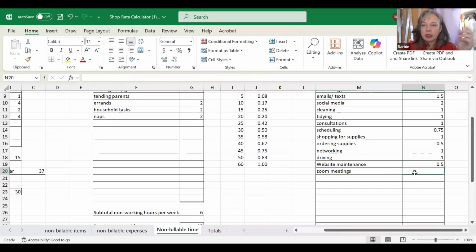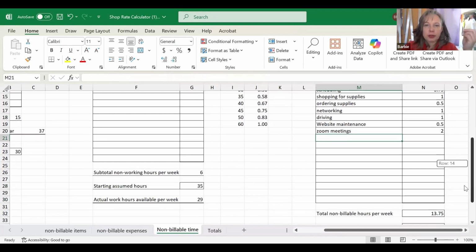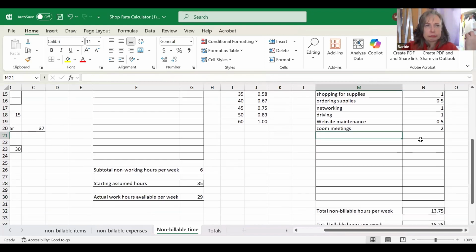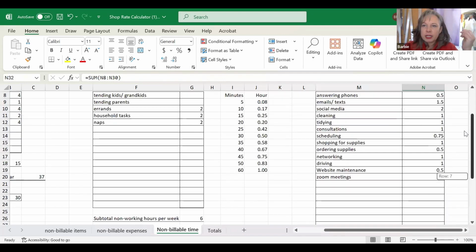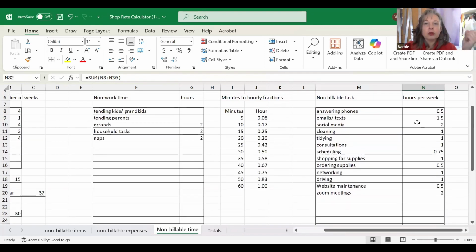If you're on a committee and you meet once a month, you can put 0.25 here, so it averages to once a week. If you have other things, conference calls, I don't know if people do those anymore, but anyway, that can go right in there. So this total, 13.75, is how many hours a week I spend doing non-billable tasks.